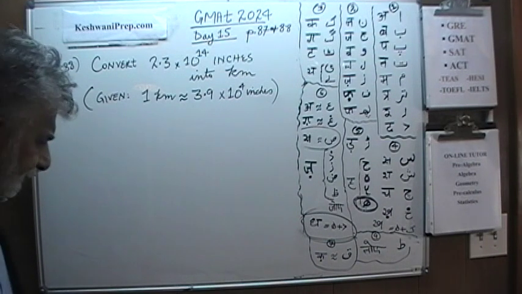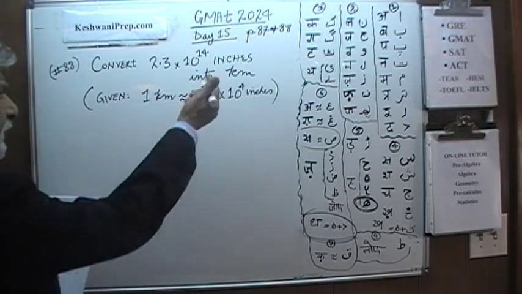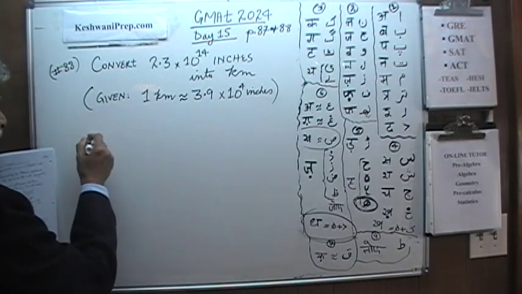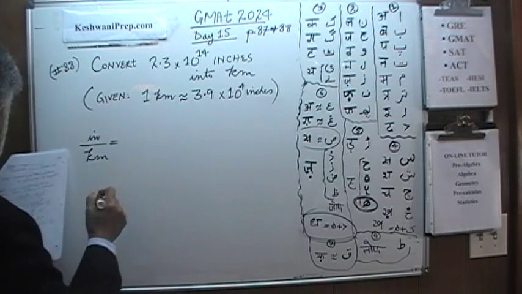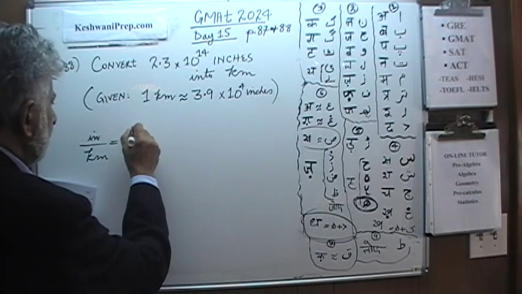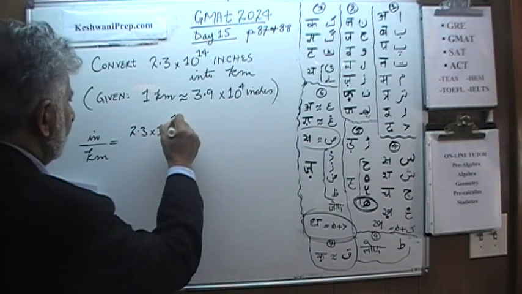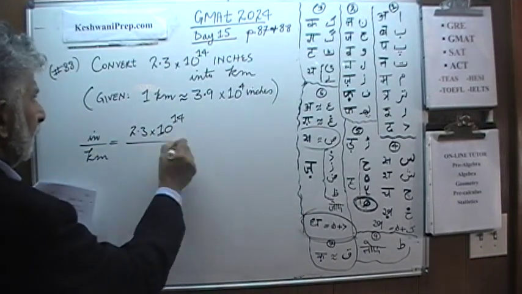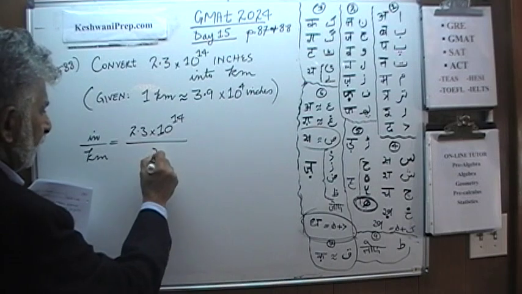Let's see what we can do. Set it up as a proportion problem, inches and kilometers. We know 2.3 times 10 raised to 14 inches equals, that's what we have to convert, so let's call it x kilometers.